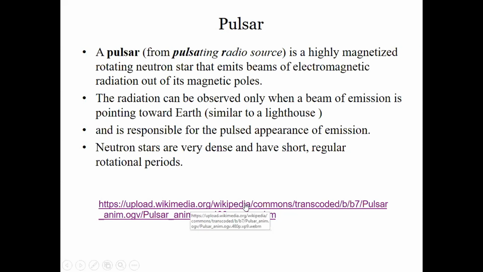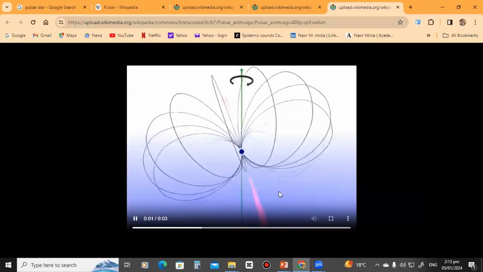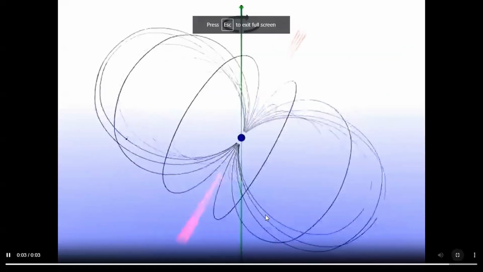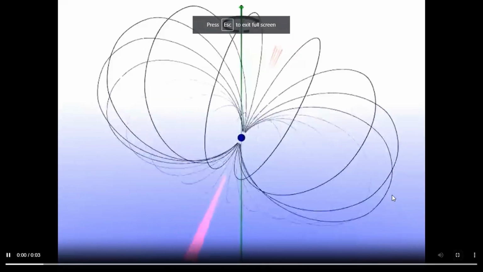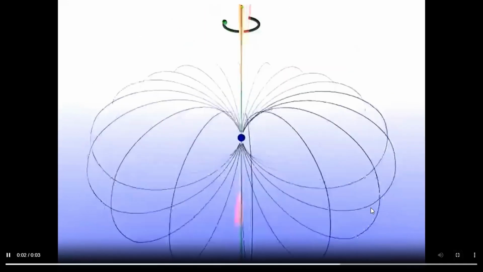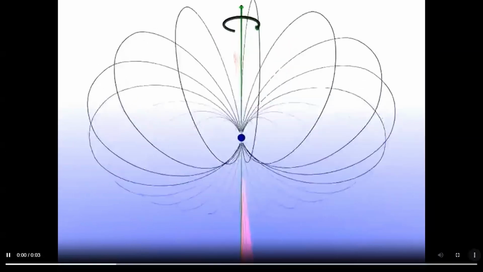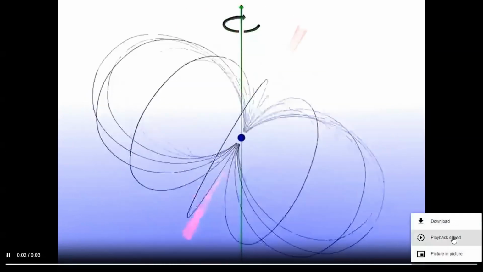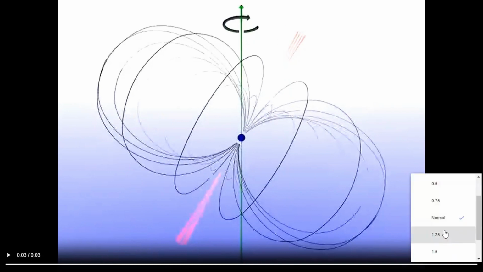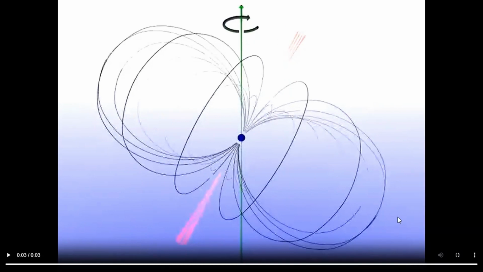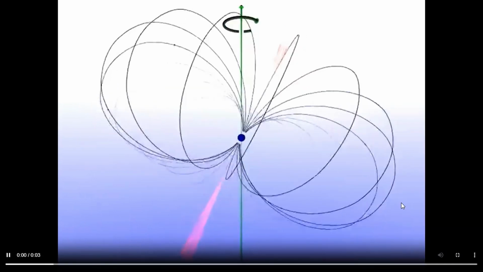Let's see what we have been given here with the animation in the Wikimedia. So if I can show you this, we are sharing this rotating object, and let me slow down the playback speed and show you.